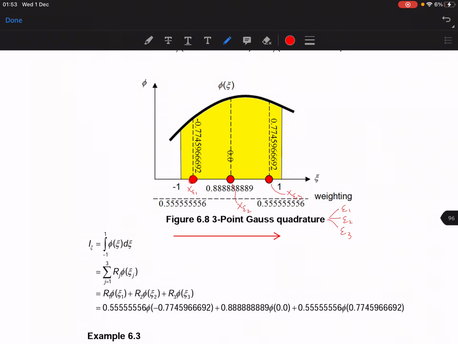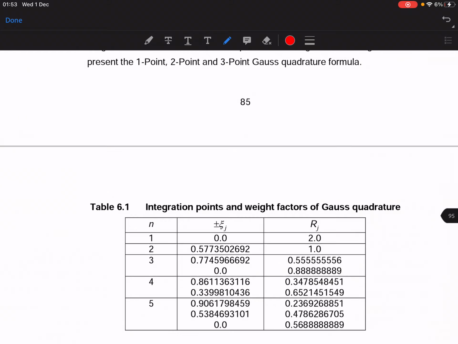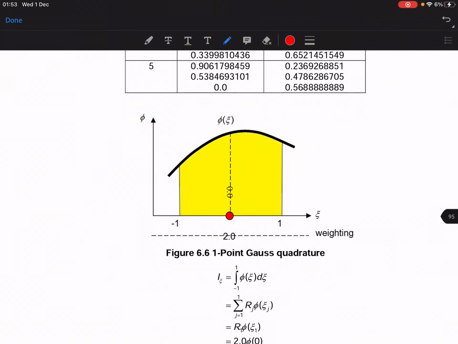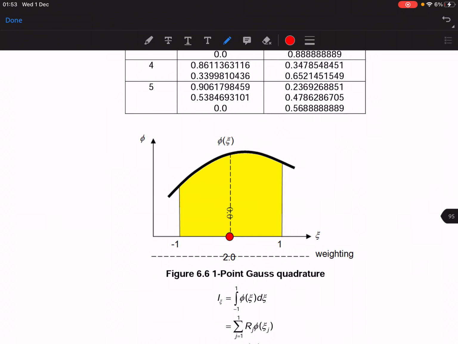So what is this zeta? Basically, zeta is the location of the integration point relative to the center. If we look at 1-point Gauss quadrature, because it says integration point location relative to the center, since this is the center, for 1 point, this is the x zeta 1.